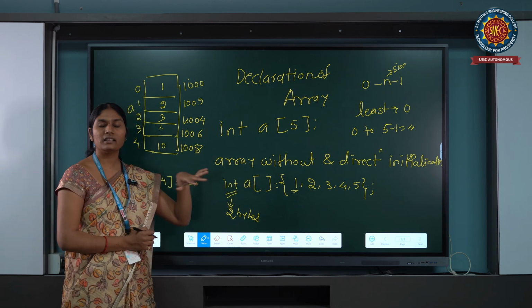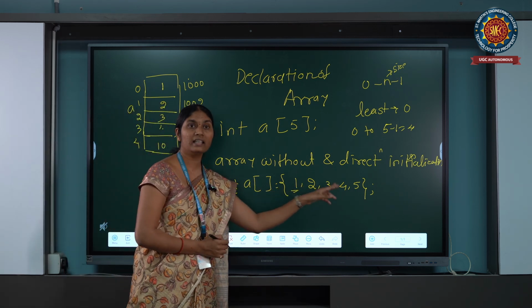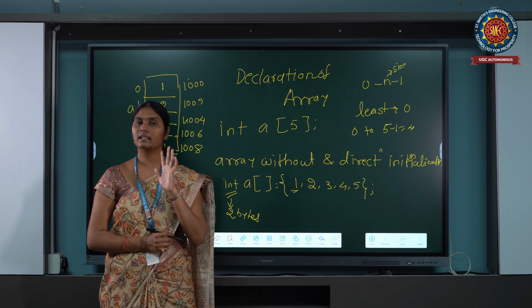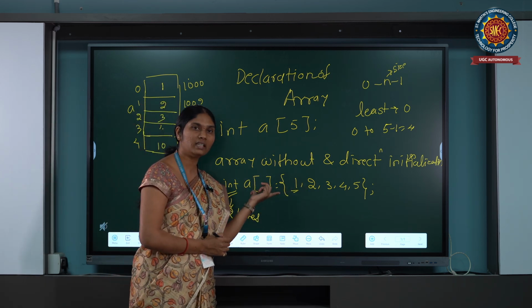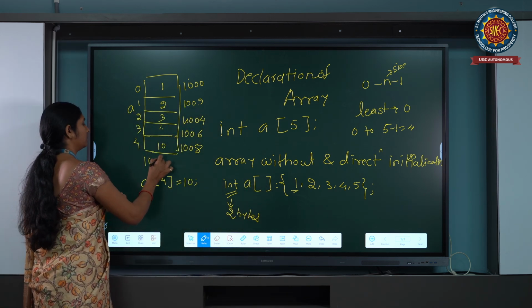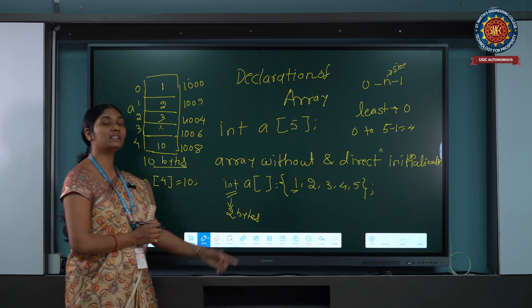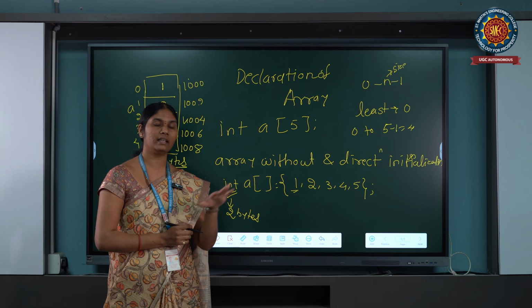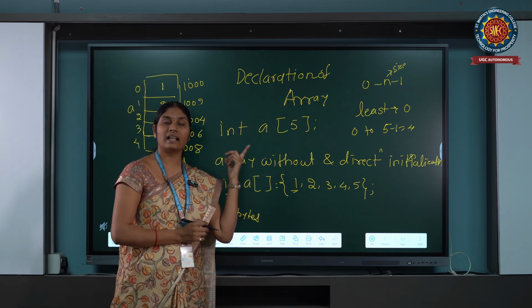Now here, how many bytes? Suppose we consider 5 elements, and an integer is allocated 2 bytes. Then how many bytes will be allocated for the array name? It allocates 10 bytes. Suppose we want to calculate the size of the array, we can calculate it using sizeof the array.